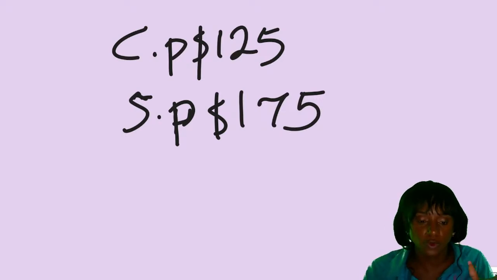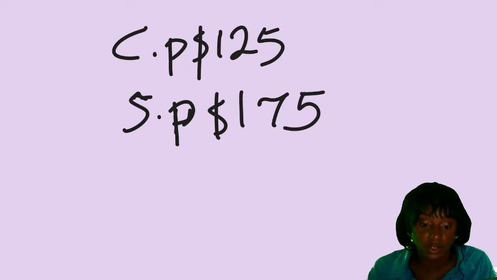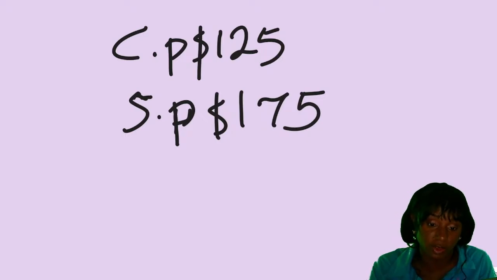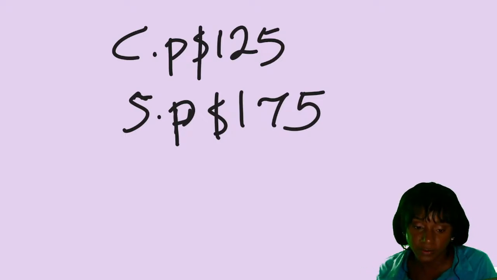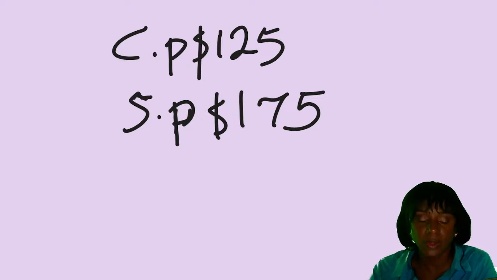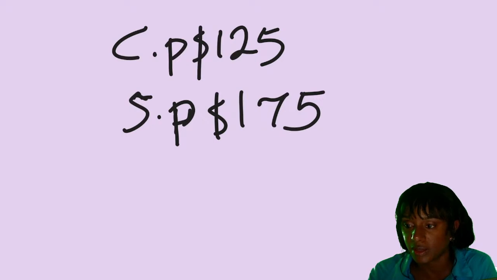So if you go on Amazon to buy an item for $125 and then you sell it for $175 to the customer, the $125, which is the price that you as the seller paid for it on Amazon, is your cost price. Could somebody tell me how much is the profit here? Could you all type in the chat the value of the profit? The cost price was $125.